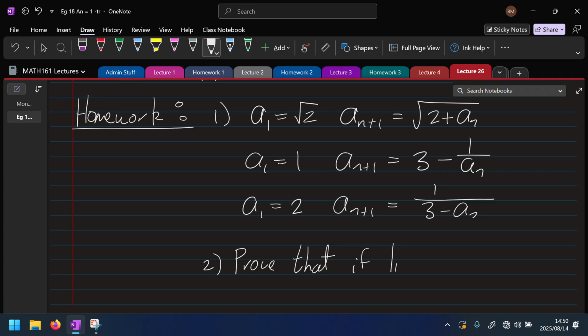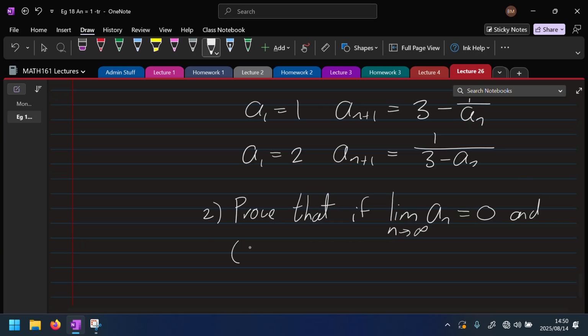Prove that if the limit as n goes to infinity of a n is 0, so we know that the sequence a n is convergent, it has limit value 0, and the sequence b n is bounded. We know what bounded means.